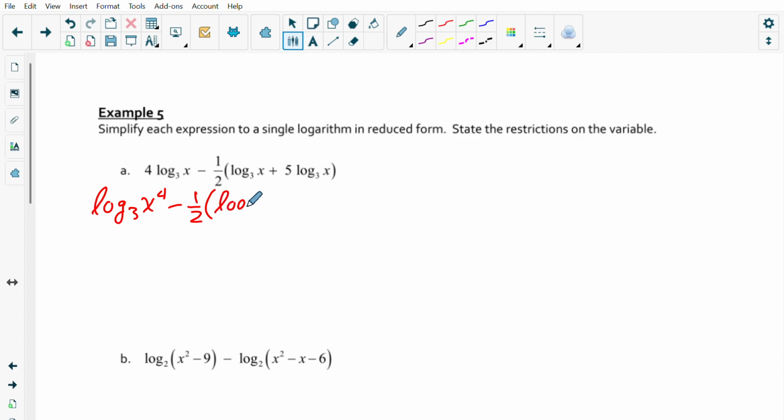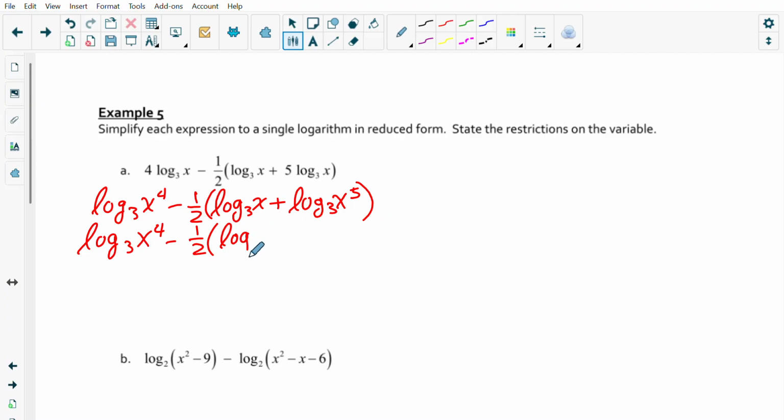Inside the bracket, let's apply the product law. Oh shoot, sorry, I didn't see that, so I've got to do this step. Log base 3 of x plus log base 3 of x to the 5th. I've got to apply the power law inside the brackets as well. So let's keep going.